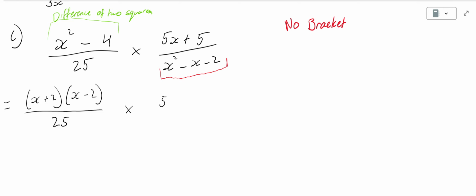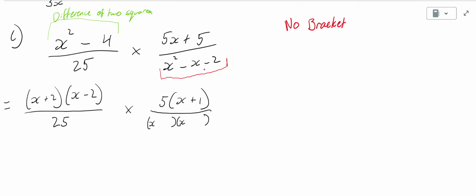The common factor is 5 outside of (x + 1). Then we get to the denominator, which is a little trickier. So it needs to go into double brackets. The only way we can get an x² is if we have an x multiplying an x.